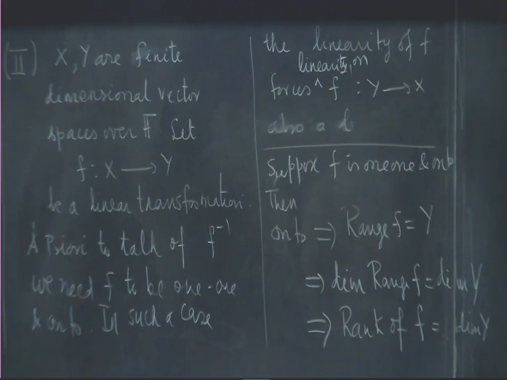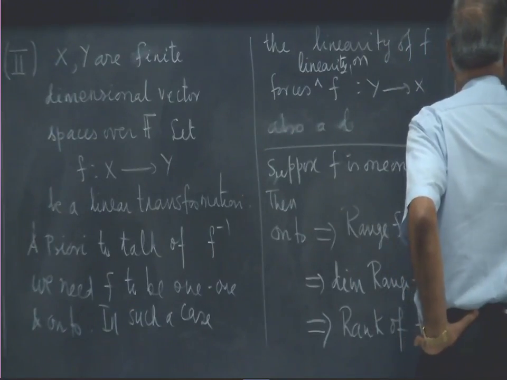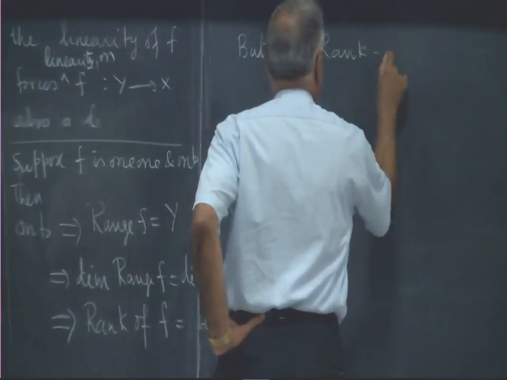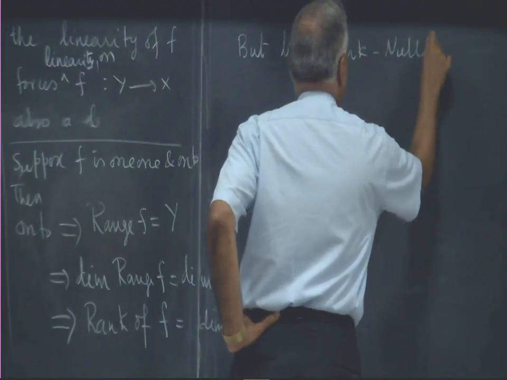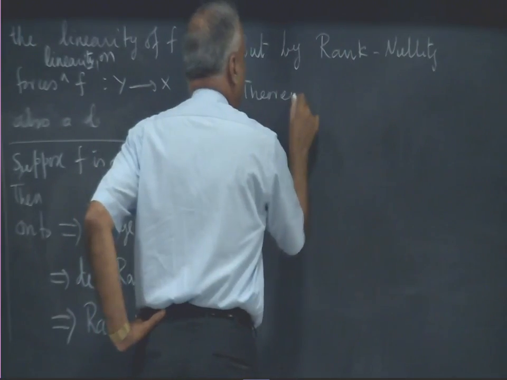But then we have a theorem which says that the rank plus nullity is equal to the dimension of the domain space. By the rank nullity theorem for finite dimensional spaces, we have this. It is a very innocuous looking simple theorem, but very useful.